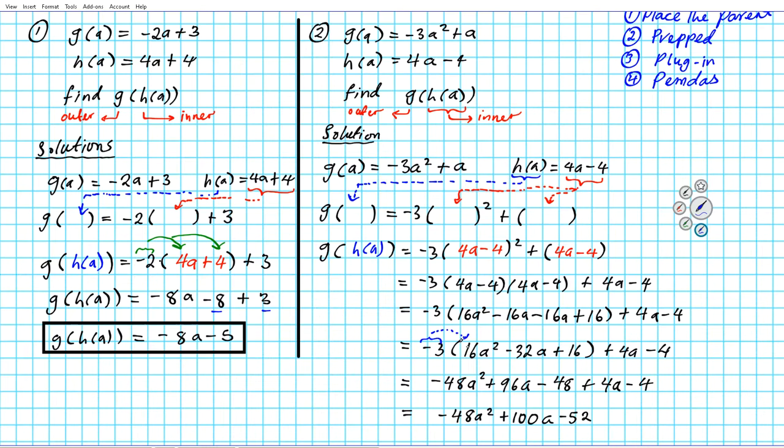So that's why this becomes a negative. And then that one right here, minus times minus is a plus, right? And then distribute to the last one. And that one, minus times plus is a minus. So ladies and gentlemen, this is what your final answer is. G of h of a, composition of a quadratic and a linear function.